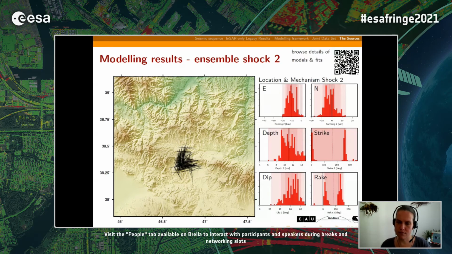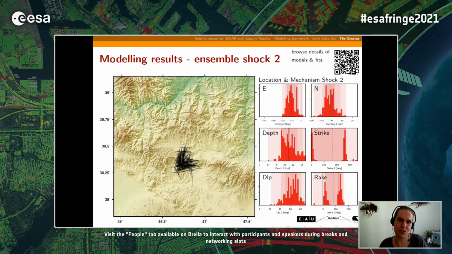Here I'm showing just a few of the parameter histograms for this source solution. In particular, I would like to point you to the depth, in the middle left panel of the histograms. With seismology, we can better constrain the depth than we could before with InSAR only.